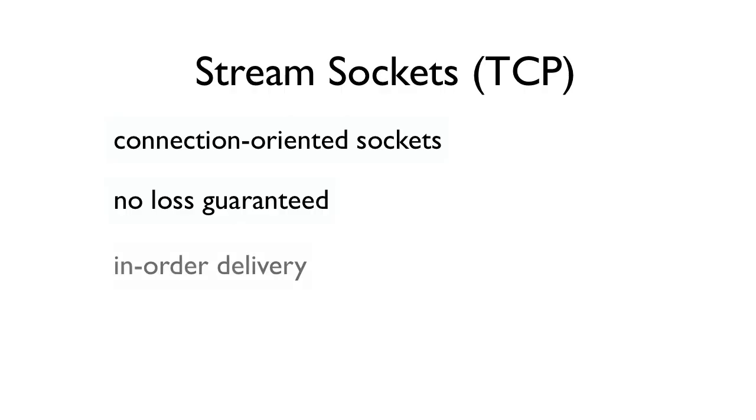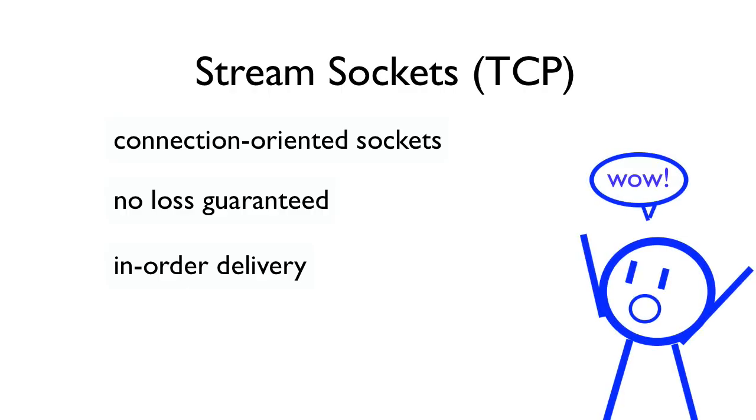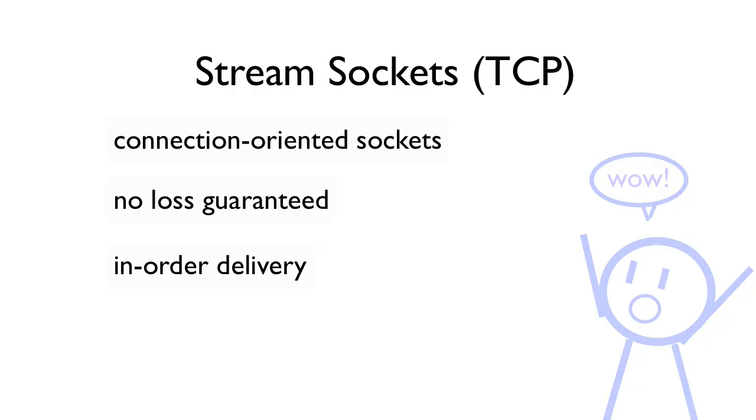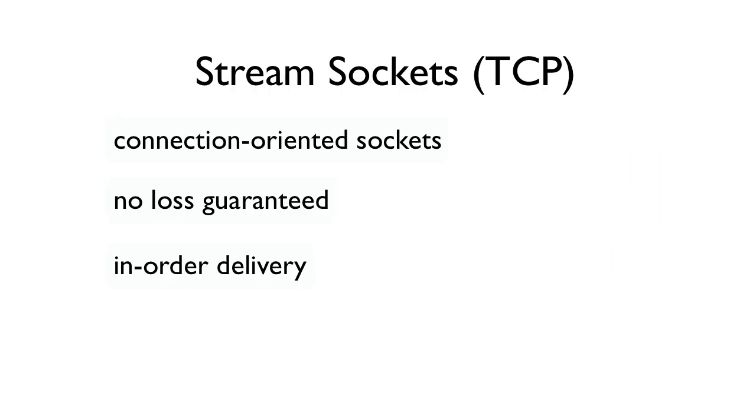These are connection-oriented sockets that guarantee that messages will not be lost in transit and that messages will be delivered in the order in which they are sent. These are strong guarantees. The Postal Service doesn't even provide that quality of service. You can learn about other types of sockets, such as datagram or domain sockets, on your own.